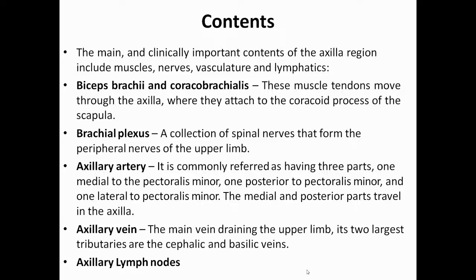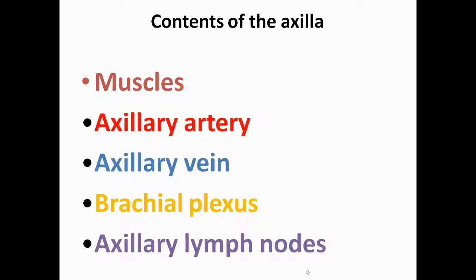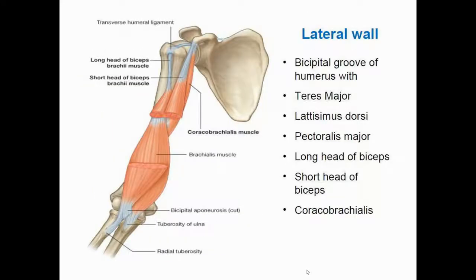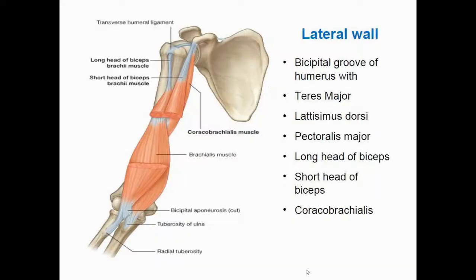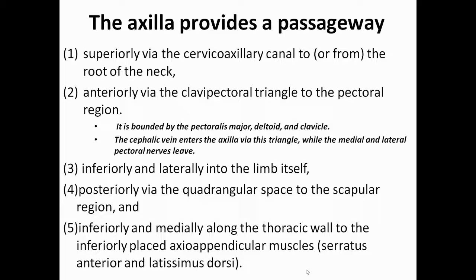The axillary vein is the main vein draining the upper limb. Its two largest tributaries are the cephalic and basilic veins. Then there are the axillary lymph nodes. The axilla provides a passageway.